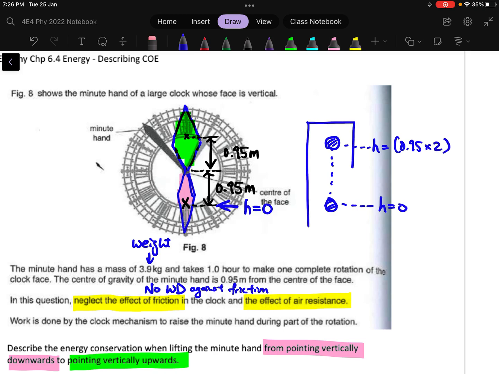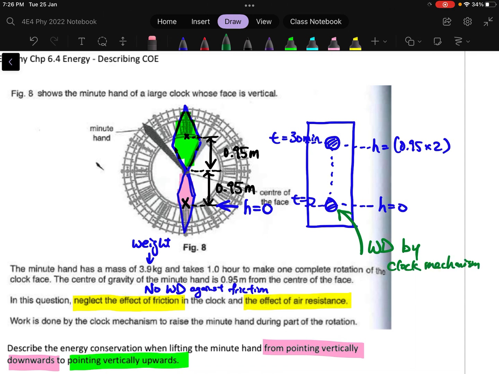So if you look at this isolated system, then you find it very strange, right? At time equals 0, you are here, but at time equals 30 minutes, you are on top. So that means there must be some energy input, right? If not, how can the height just change like that? So this energy input will be the work done by the clock mechanism.